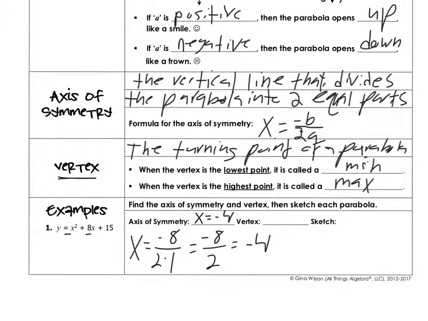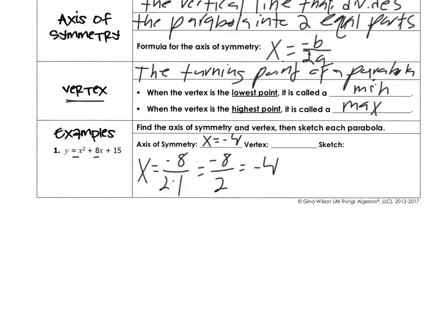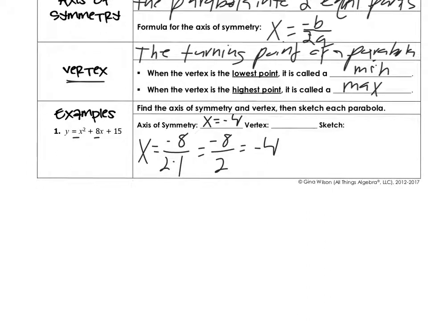So x equals negative 4 is our axis of symmetry. And then our vertex, in this case, is negative 4, negative 1. Let's think about how we know that. I'm going to work this in the margins, down here. Our vertex, we can find by plugging in the x value on our axis of symmetry.